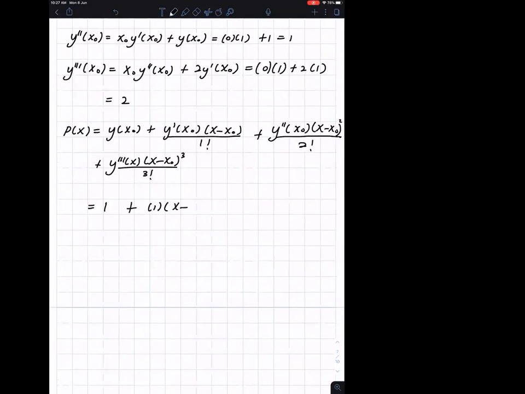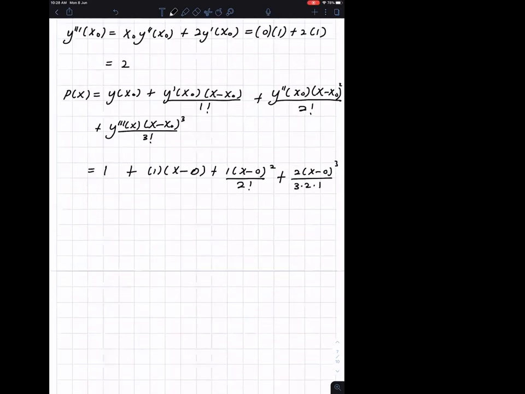x minus 0, plus 1 over 2 factorial, plus 2 over 3 factorial.